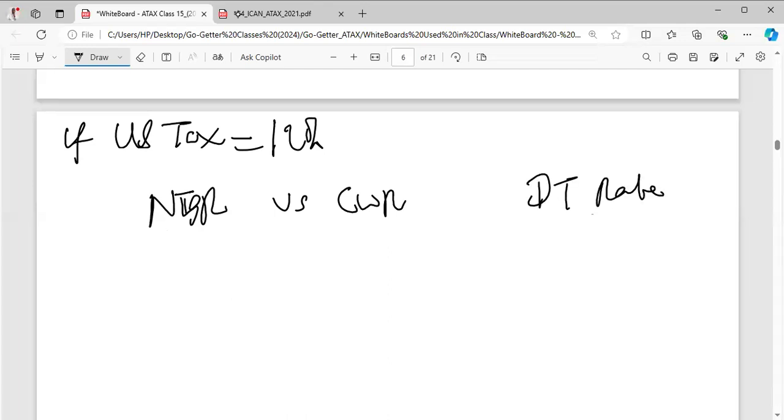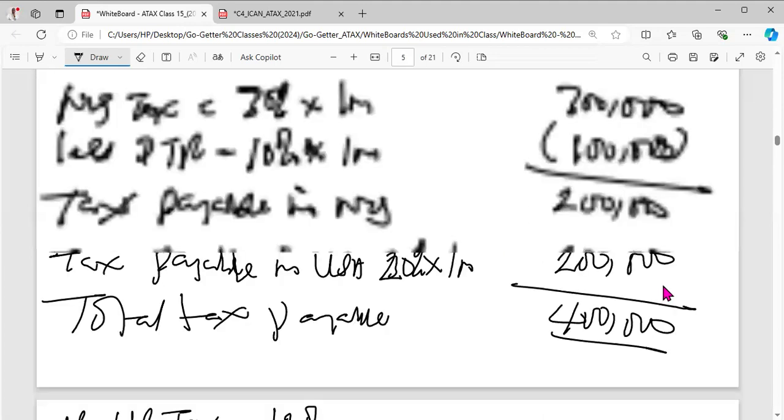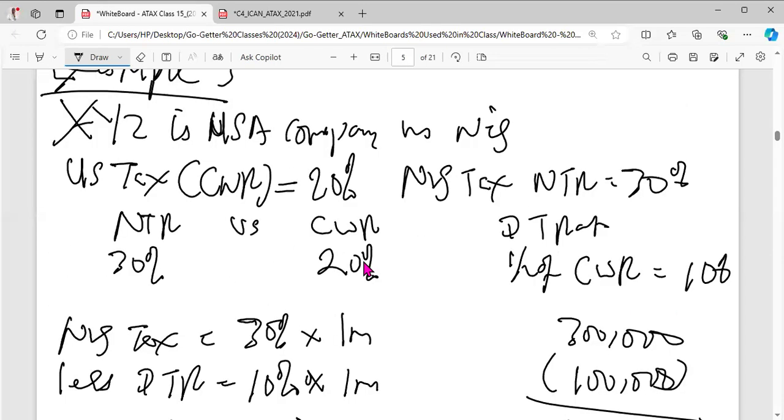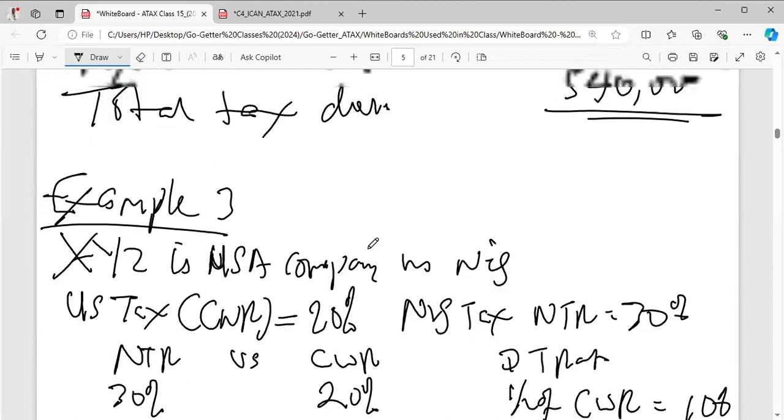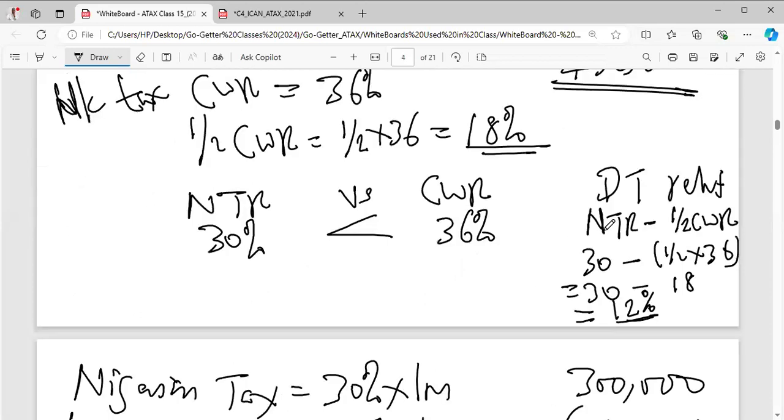So we have 30%, we have 12%. So the DT rate will be 30. Sorry, what did we do in the first place here? Sorry, we didn't do this well. This is lesser.